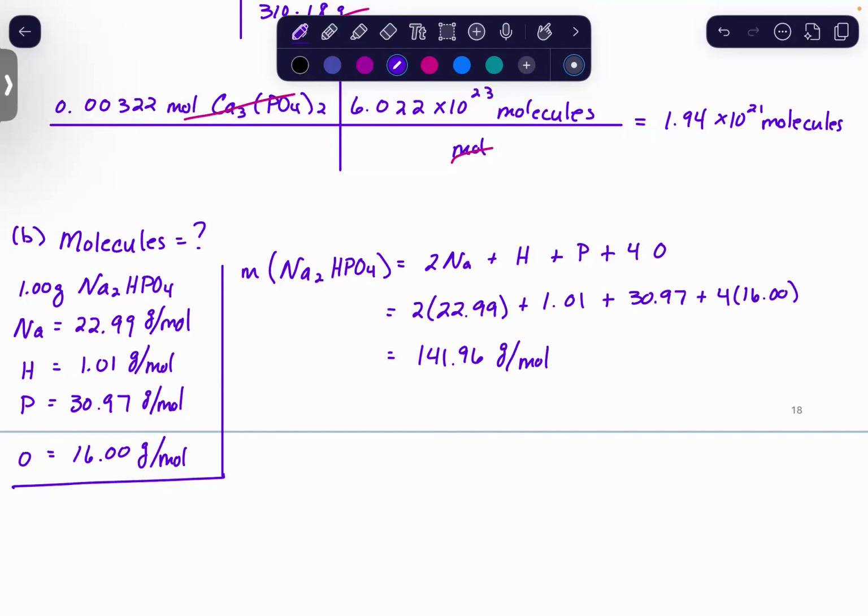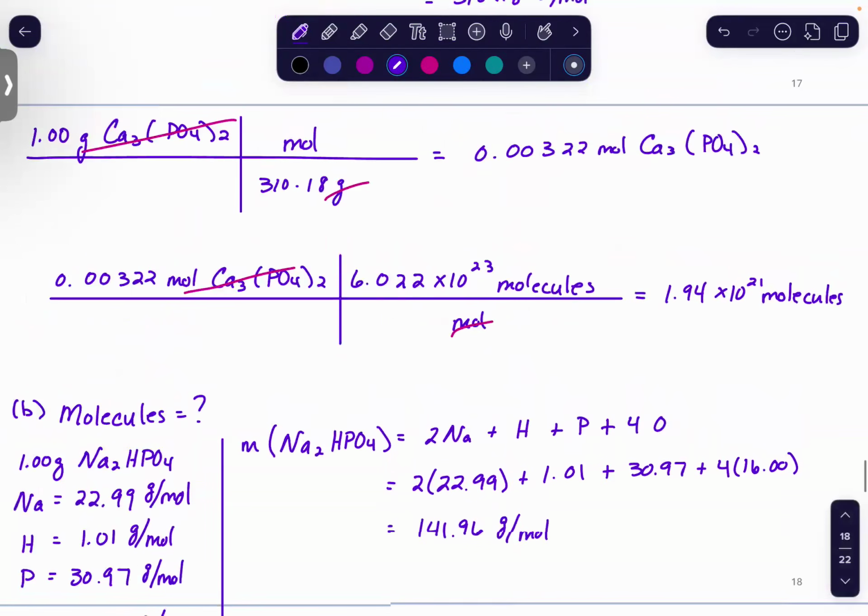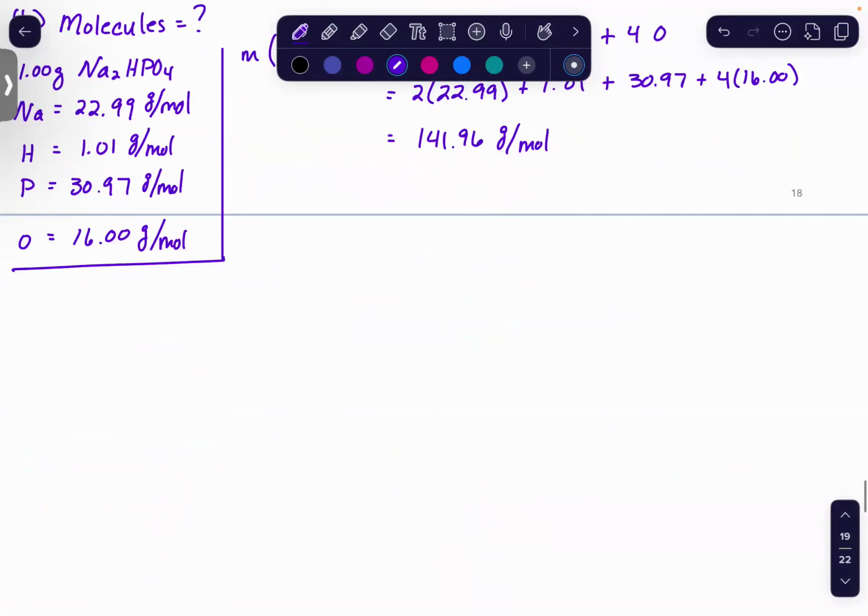Okay, so now up here, I did my calculation in 2 steps. You can break things down in as many steps as you want, or do it all as one big step. And so that's what I'm going to do now. I'm going to do everything as one big step. Okay, so I know that I have 1 gram.